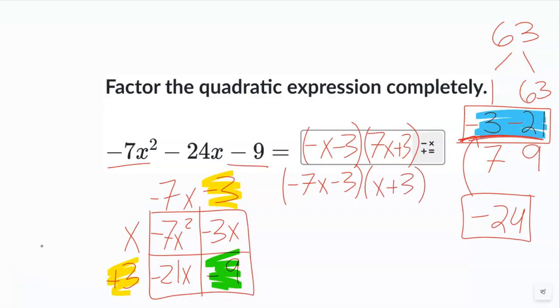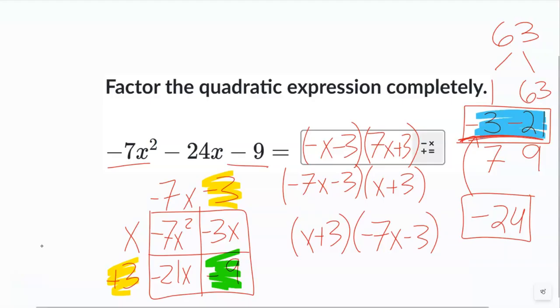Now, looking at this, you can actually rewrite the bottom one backwards. I'm going to rewrite it this way. X plus 3 and -7x minus 3. Just ignore what's in yellow right now. I just rewrote it so that these are lined up. Now, there is something that's a little different here.